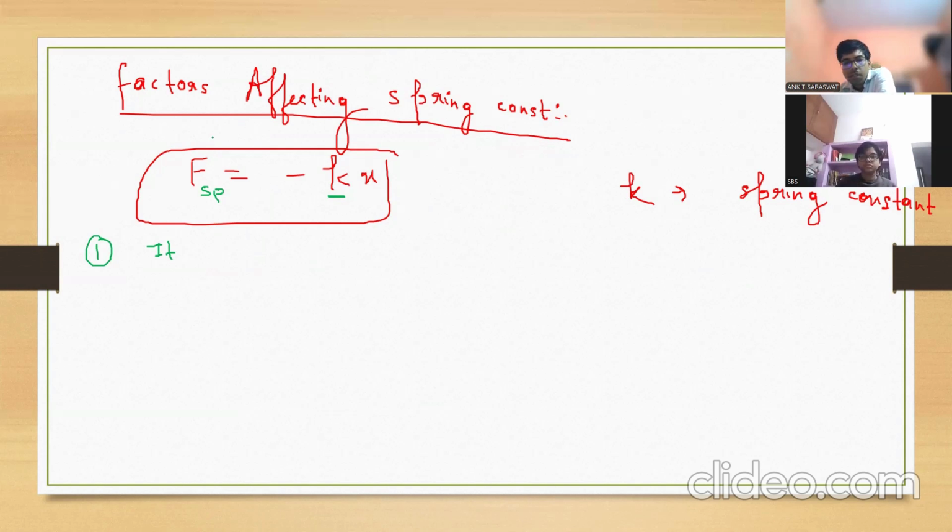So first, write down, this K depends on the type of material. Every material has a different spring constant.